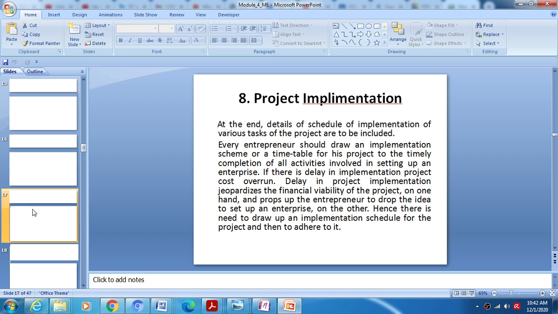If you have a strict schedule, or if you adhere to the timetable, if you have planned it properly, then there is no point of discussing the cost overrun of the project. That's why project implementation is nothing but scheduling the processes that are included in the project and then adhering to it so that you don't overrun the cost.